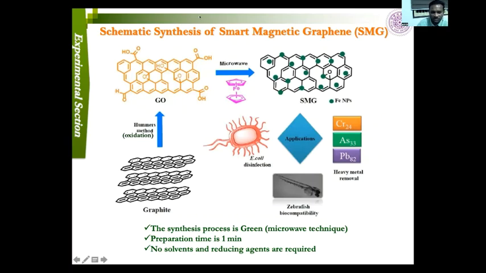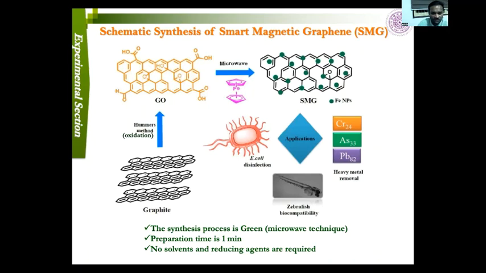Now from the graphene oxide, we intended to prepare smart magnetic graphene. To do this, we had to reduce the graphene oxide into reduced graphene oxide, and to make it magnetic, we had to add an iron precursor. These two things we can achieve in a single step approach.